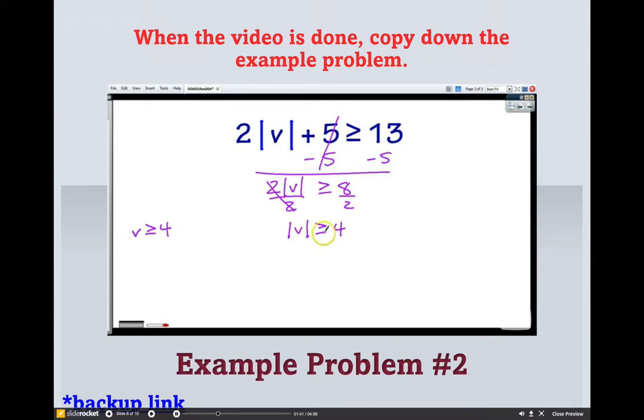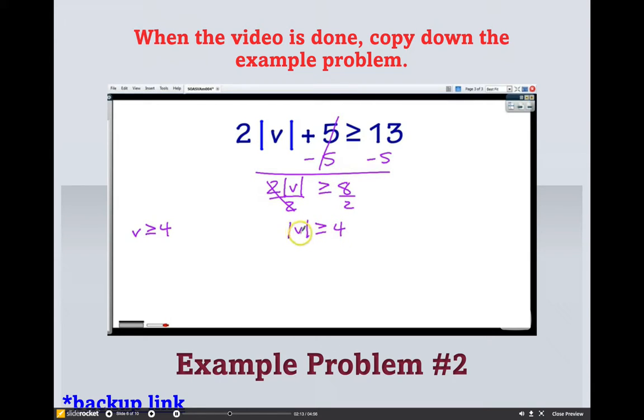Okay, just like the inequality here, except no absolute value. Alright, now let's think about negative numbers. What negative numbers would work here? So like if I plugged in -3, would that work? No, because the absolute value of -3 is 3, and 3 is not greater than or equal to 4. But what about -4? Would -4 work? Yes. Absolute value of -4 would be 4, and 4 is greater than or equal to 4.